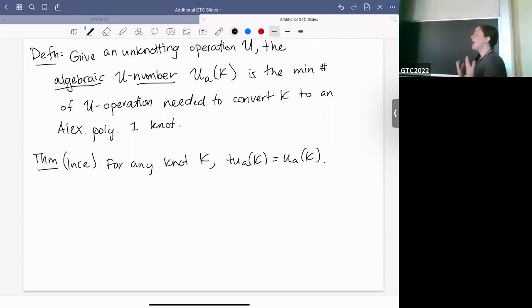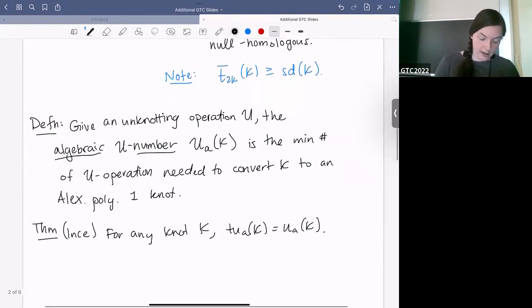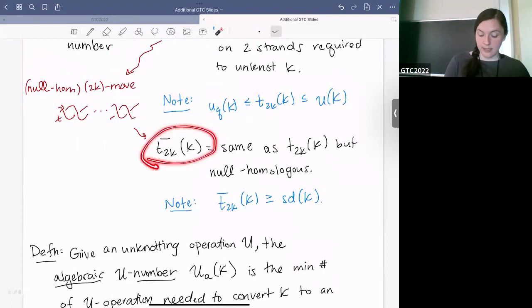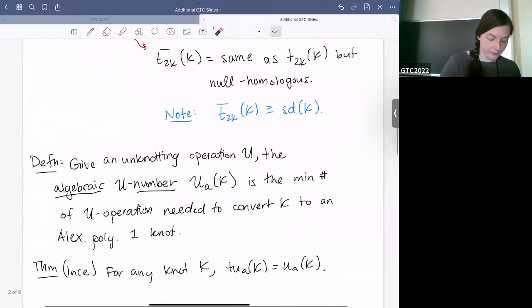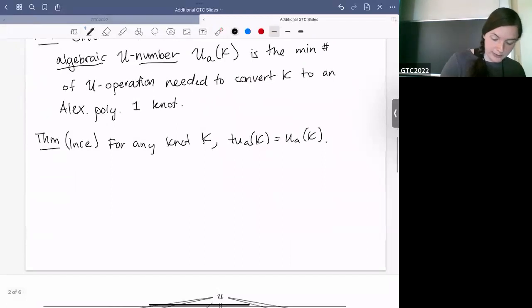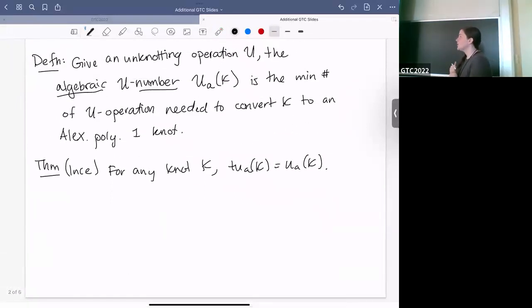But now we have algebraic versions of basically all the invariants that I've defined for you today. You can do an algebraic null-homologous 2K unknotting number, and so on. And like I said, the beauty is that this is going to give us relationships, not just between untwisting and surgery description number and topological slice genus, but kind of all of these things in between.